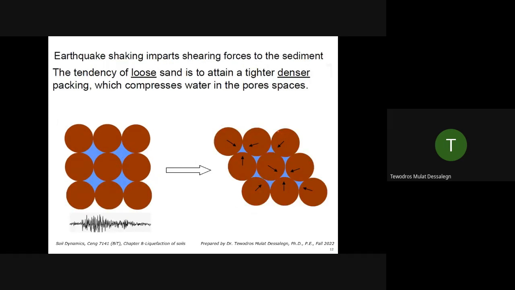Now imagine you have the loosest state, such as sand. Apply seismic motion, assume you have water in it. What happens? It tries to densify, right? When it densifies, what it is doing is compressing the water in between. If it is gravel material, if you have large enough voids, the water will have time to escape.